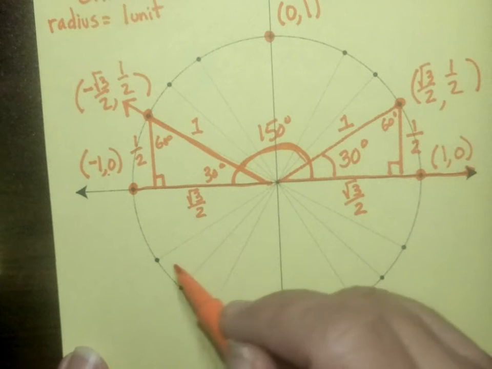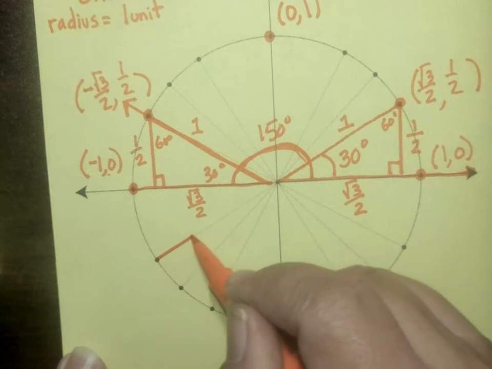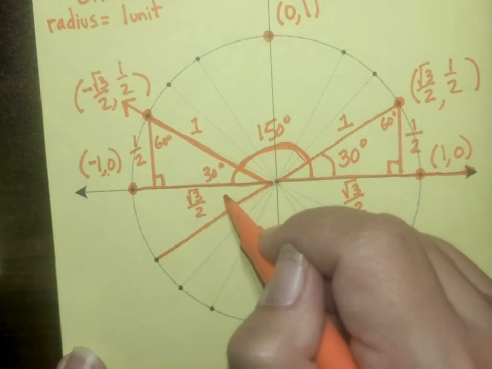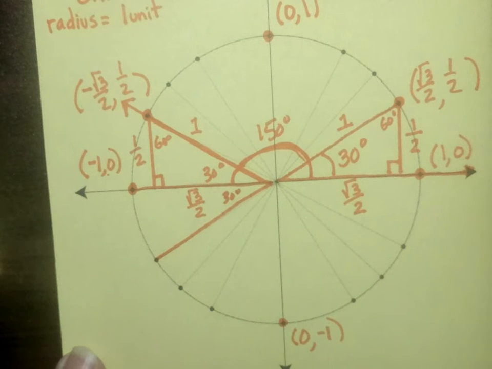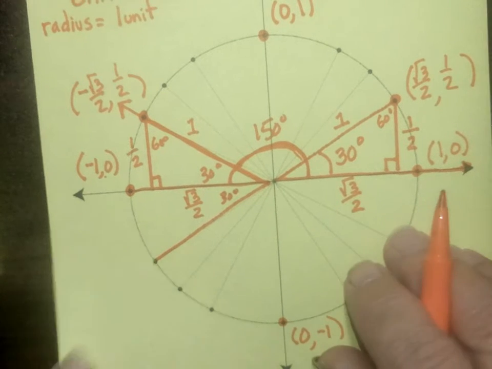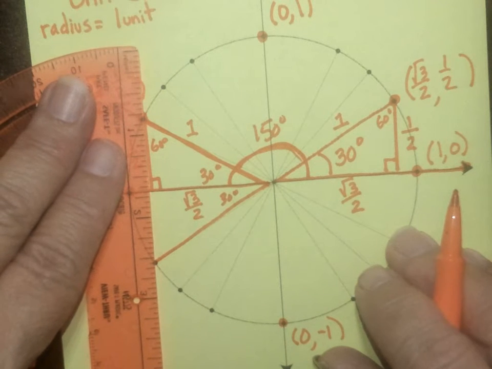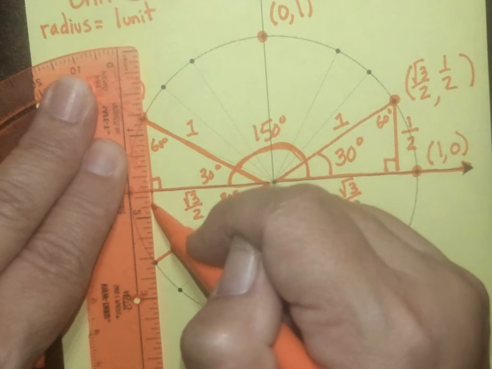Well, now let's look at this guy right here. Isn't this angle also 30 degrees? So I could form a right triangle here as well.